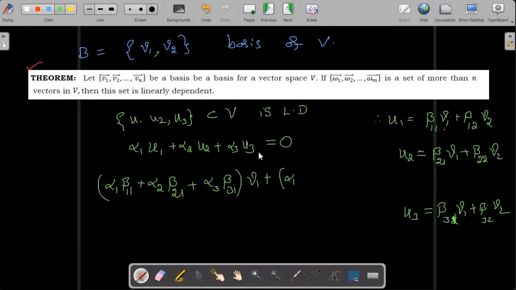Alpha 1 beta 12 plus alpha 2 beta 22 plus alpha 3 beta 32, this into v2 equal to 0.